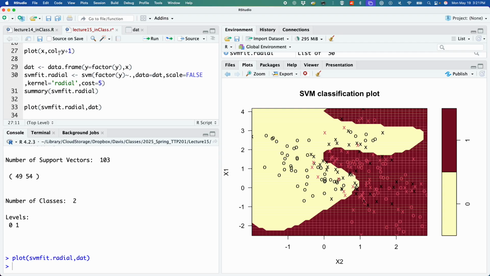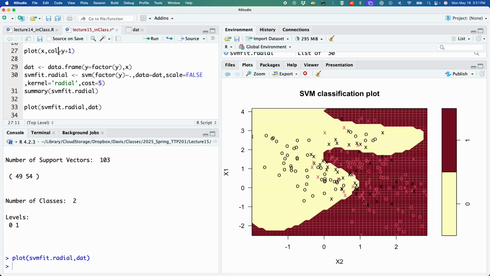0 and 1 are just the values of y. The way we interpret this is we've drawn a hyperplane that separates our two areas for the purposes of classification, and the yellow and red is the prediction, based on the drawing of the hyperplane.